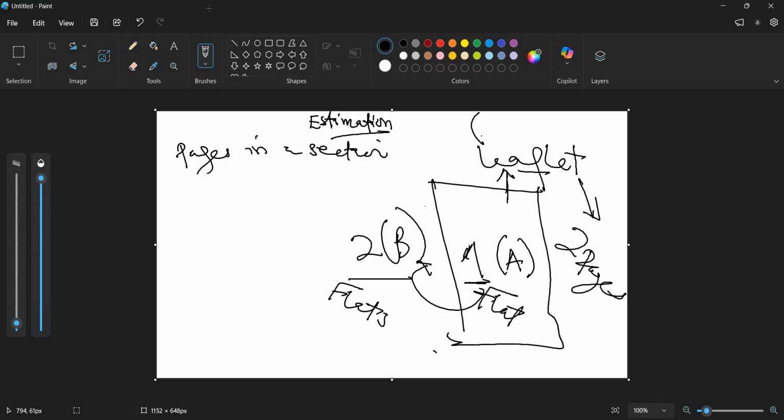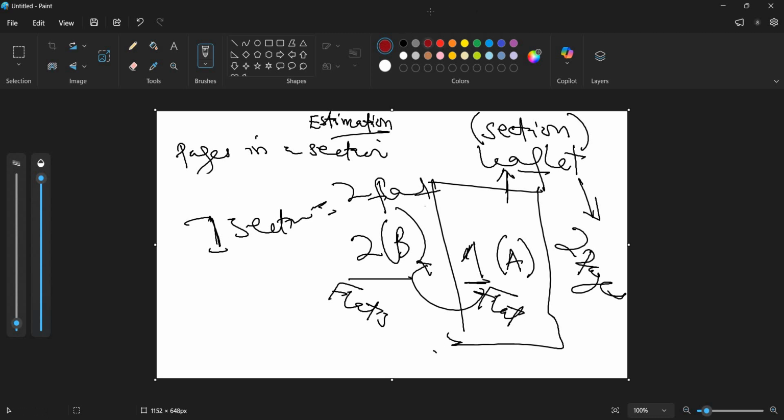And then the leaflet is termed as a section. So when you take one section, it has 2 flats. Good. Alright, so just put this in mind. One section has 2 faces, 2 flats.